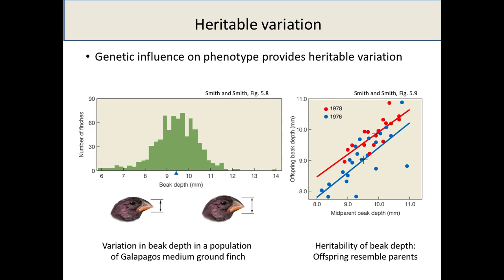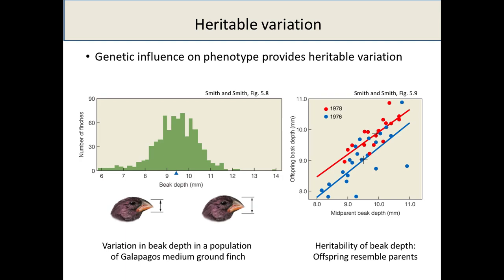The other thing that's crucial here is what we see in this plot. Parent beak depth is a really good predictor of offspring beak depth. If you have two parents who have a small sized beak, the offspring has a really good probability of having a small sized beak.